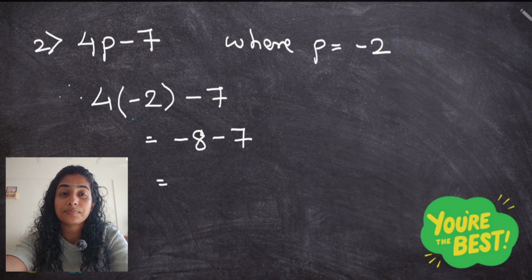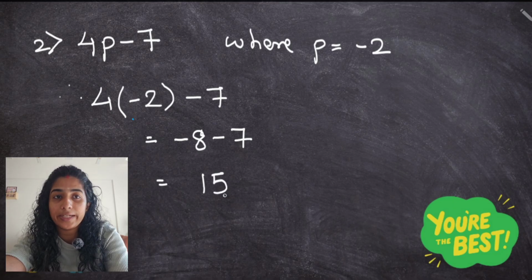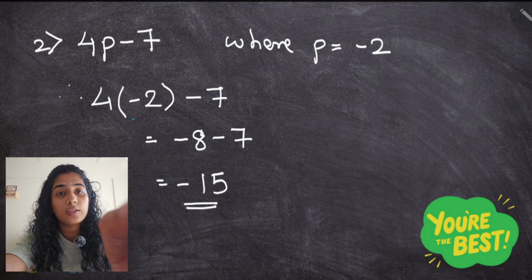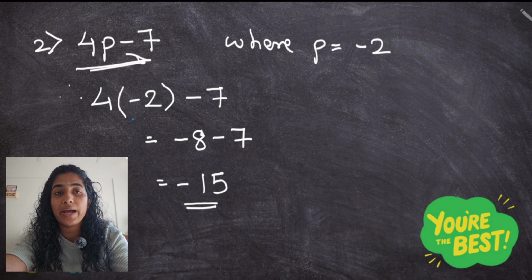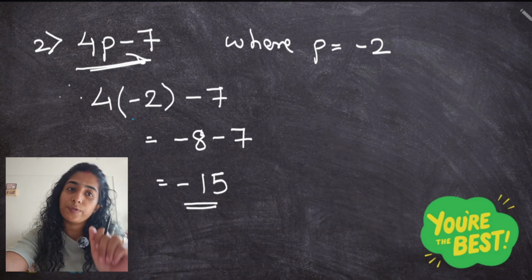Count fast. Very good. It is 15. And since both are negative numbers, you are going to put the sign of minus only. So here you get the answer as minus 15. So the value of 4p minus 7, where the value of p is minus 2, will be minus 15.